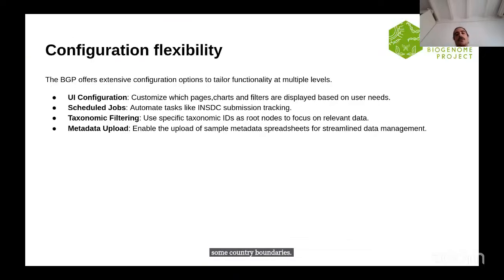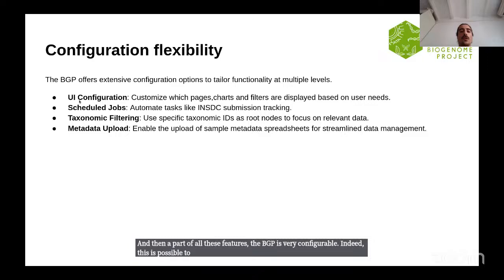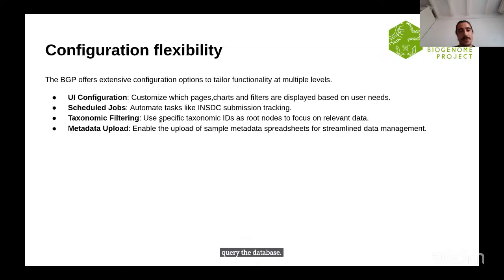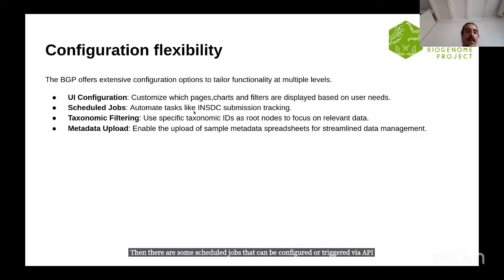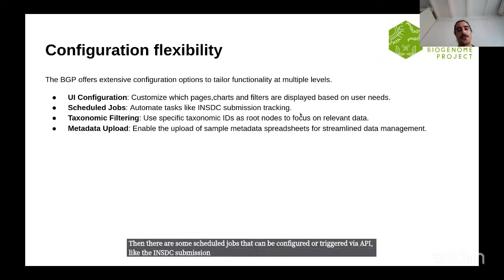And then, apart from all these features, the BGP is very configurable. Indeed, it is possible to configure almost all of the user interface, like the pages we want to display, the charts in each page, and also the filters that are used to query the database. Then there are some scheduled jobs that can be configured or triggered via API, like the INSDC submission tracking that I mentioned earlier.